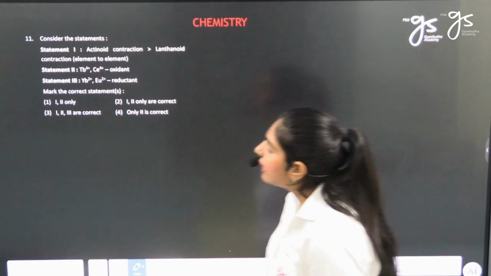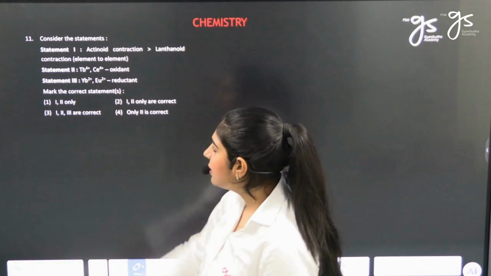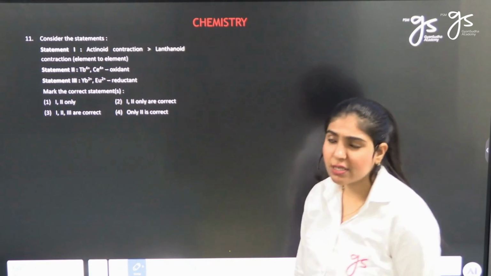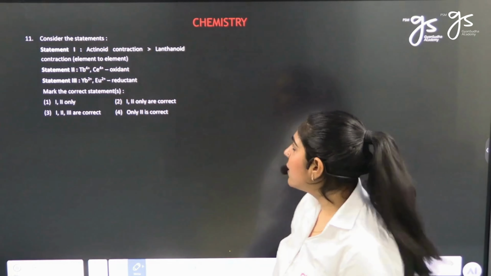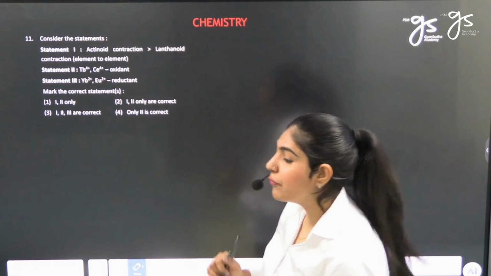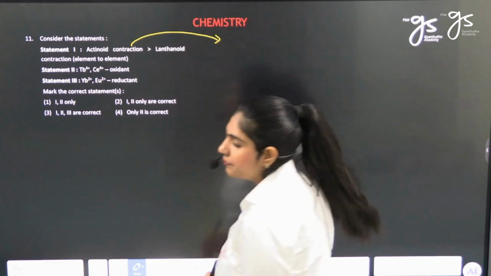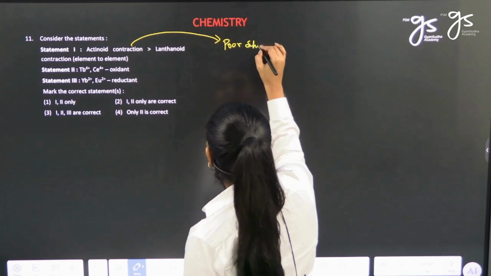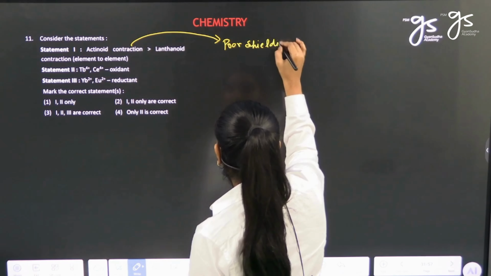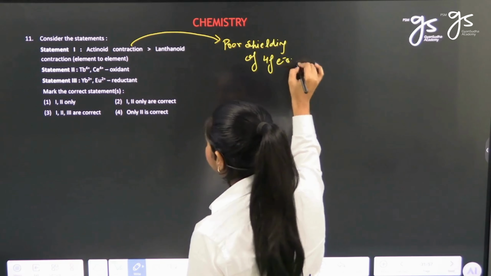This is a very easy question, right, which is asking for the statements like statement 1, 2 and 3, and which is correct. So we all know that actinoid contraction is always more than lanthanoid contraction. Why so? Because in the lanthanoid contraction there is poor shielding of 4f electrons.